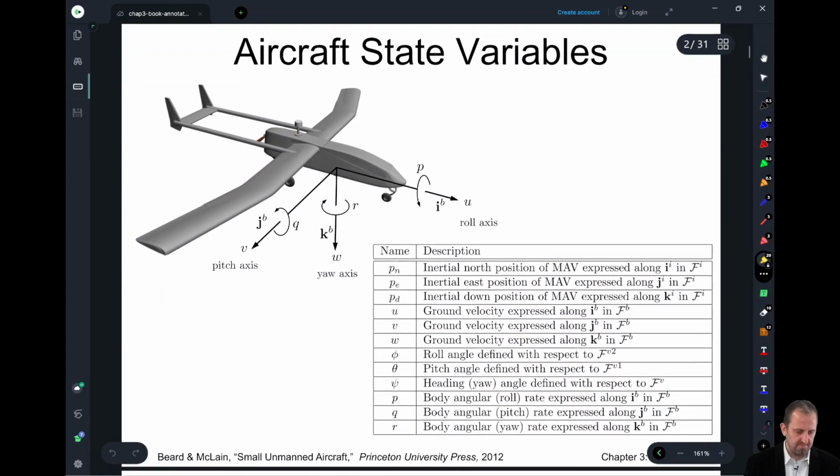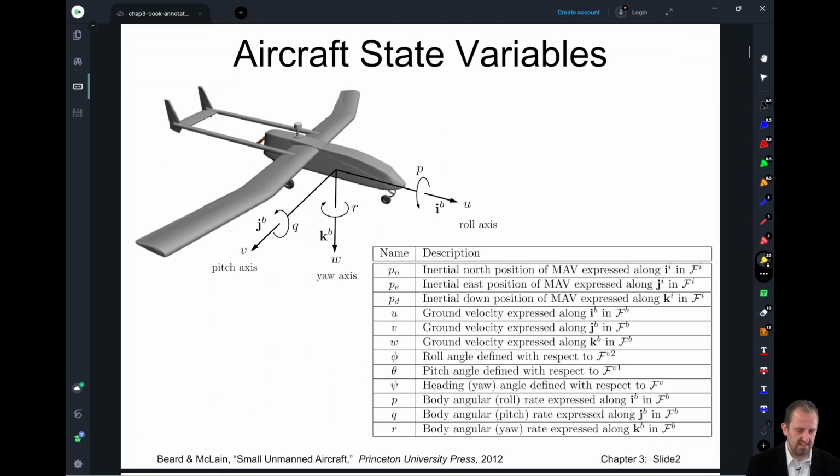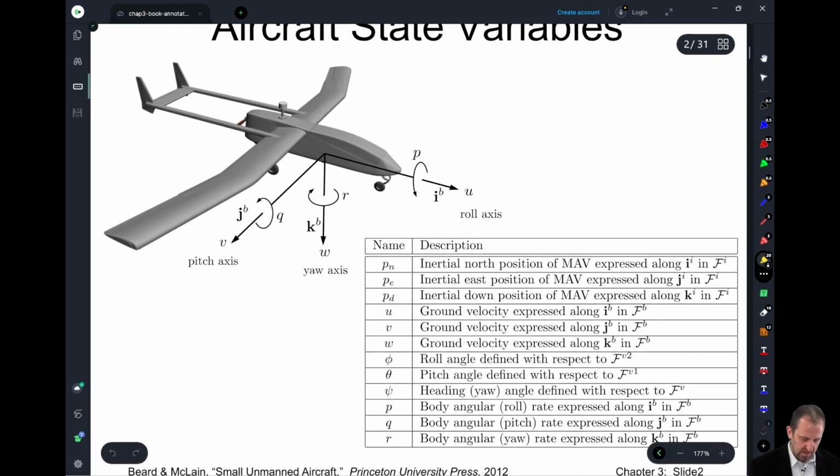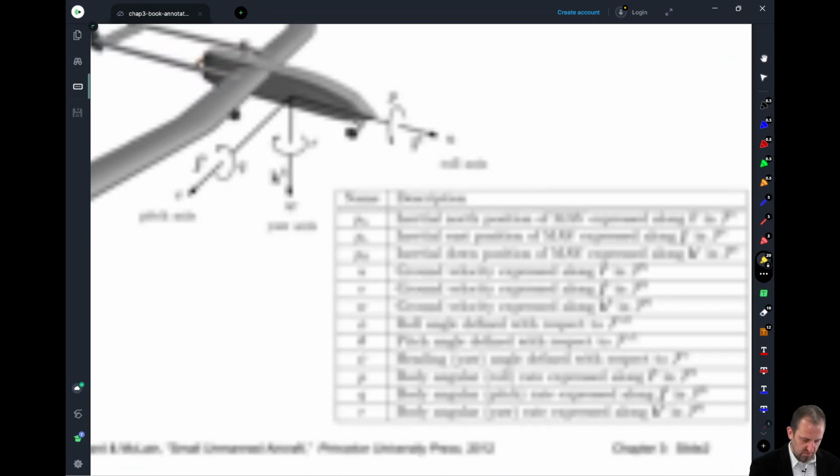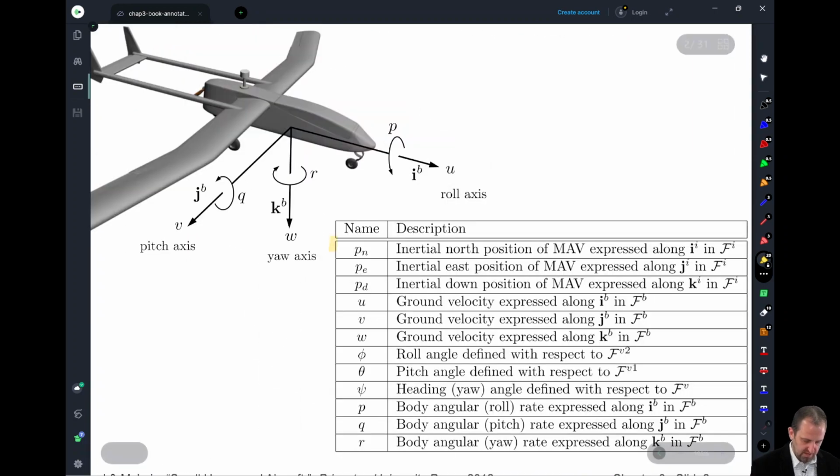As we jump in, to start off, we're going to look at our aircraft state variables. Our aircraft state, as we describe it here, is 12 degrees of freedom. So it's a 12 state model. If we look at these real quick, the top three are our position.